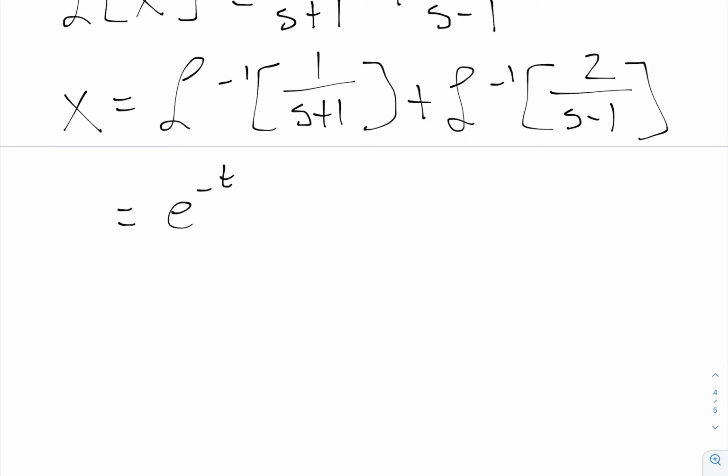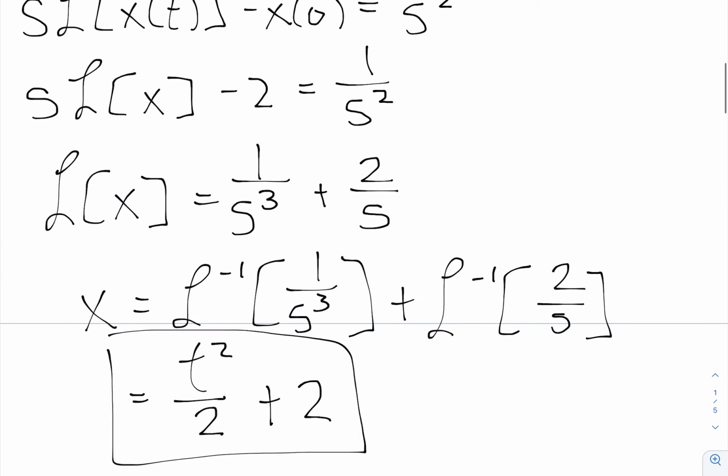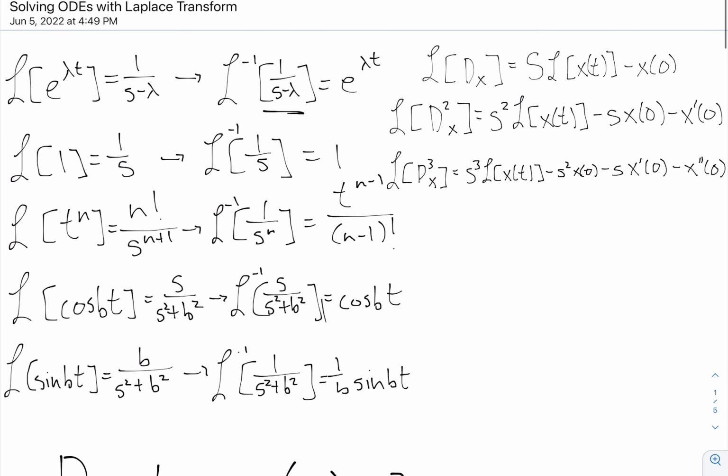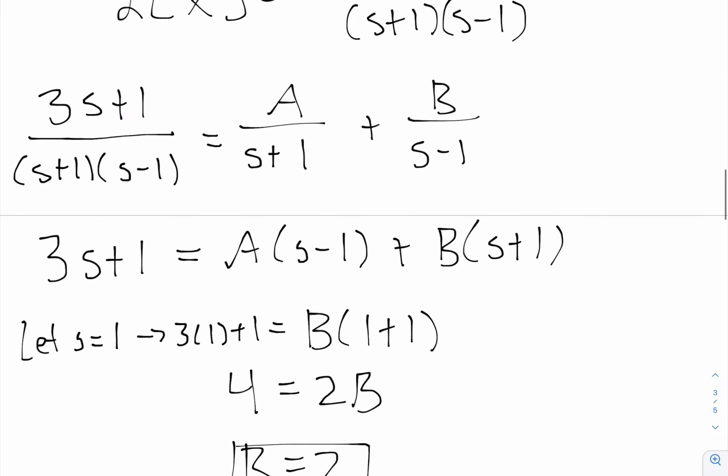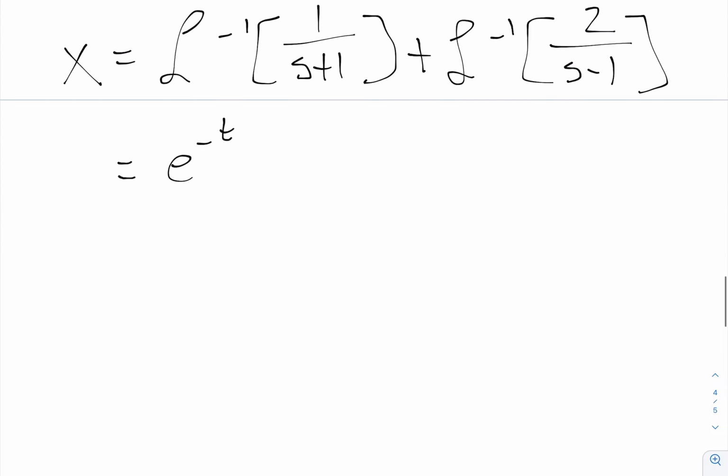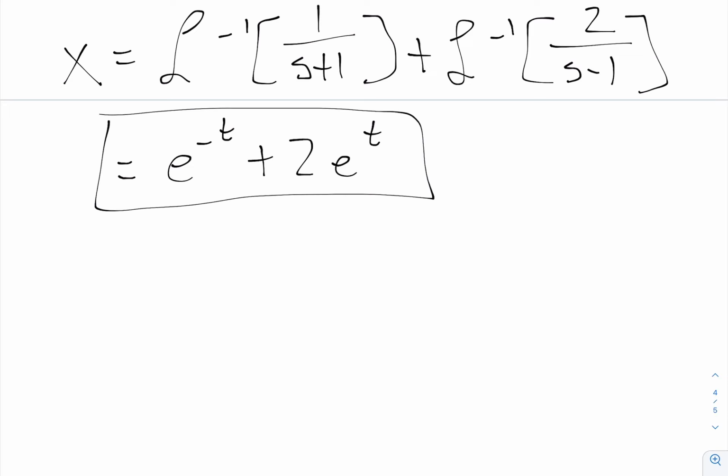Then we have the inverse Laplace of 2 over s minus 1, which is really 2 times 1 over s minus 1. For 1 over s minus 1, lambda is 1, so this will be 2e to the 1t, or just 2e to the t. So plus 2e to the t. So we've solved the equation. This is what x of t is equal to.